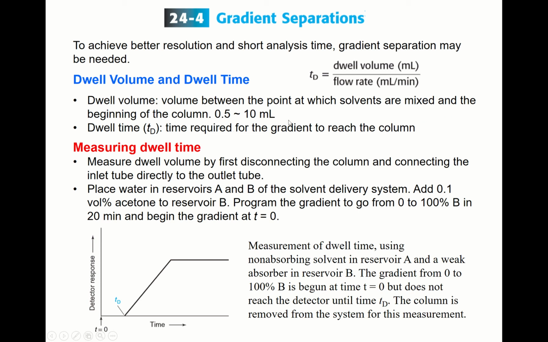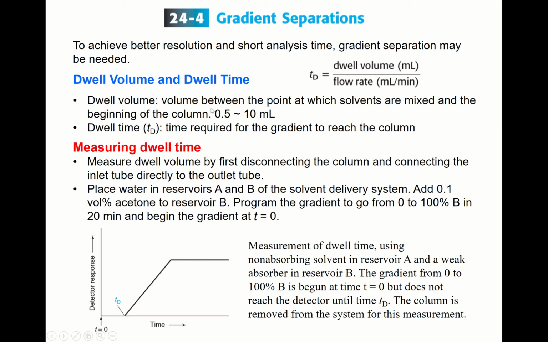So you understand, right? Here we assume that several different solvents are used, so they are mixed at one point. Then the mixed solvent moves, passing through some parts, and then it reaches the beginning of the column.